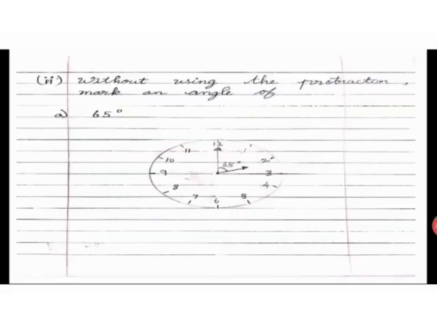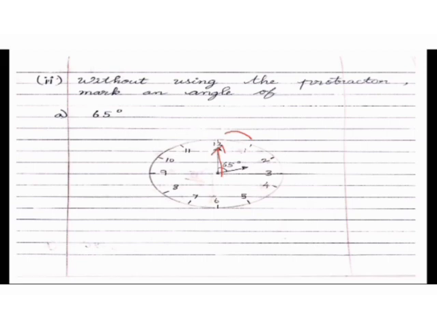Then next sum, without using the protractor, mark an angle of 65 degree. How to mark? Start with 12 first. So 12 to 1, the two consecutive numbers on the analog clock are 30 degree.